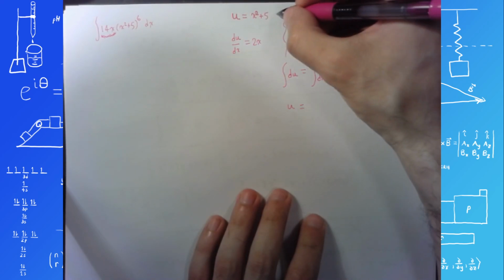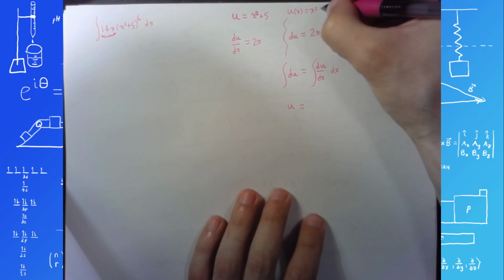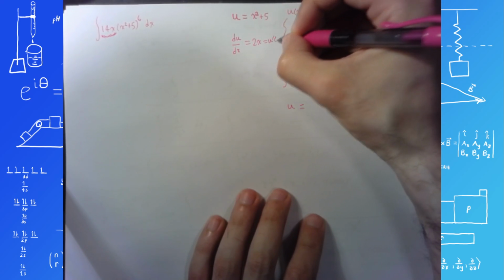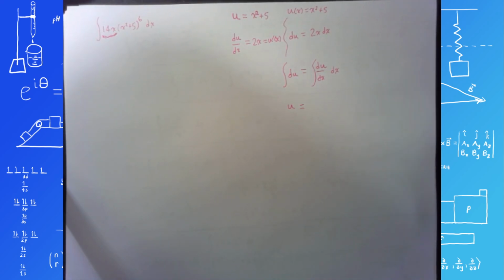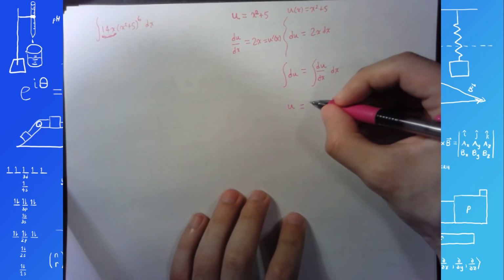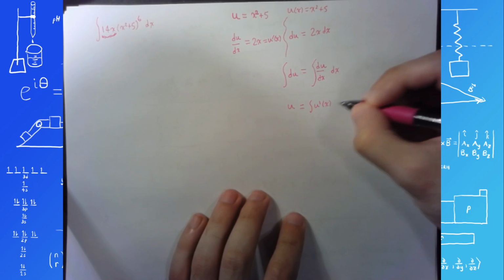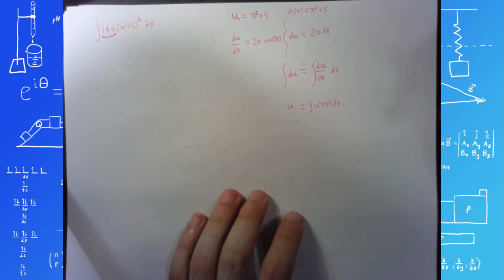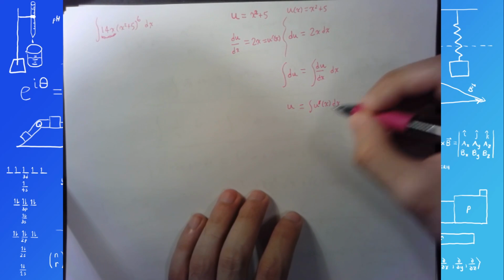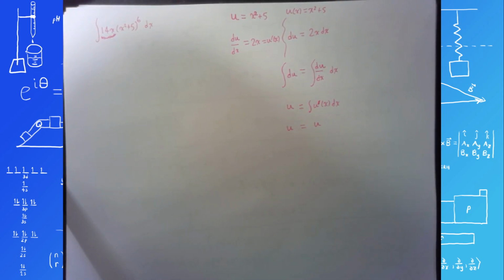This u over here, you can think of it as u of x equals x squared plus 5, and du dx as u prime of x. If you've done derivatives before, you should understand this notation. So then this would just be the integral of u prime of x dx, but the integral of a derivative is just the function that you differentiated. The integral of u prime of x with respect to x is just u. So u equals u, and we're done.